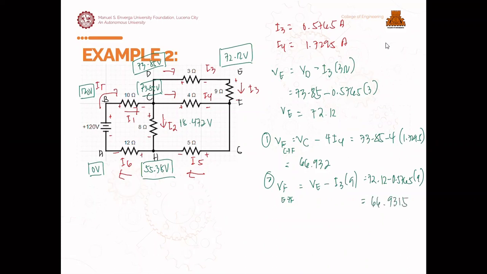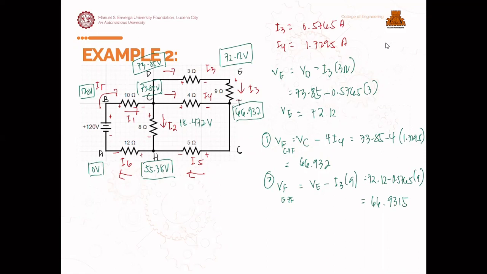Okay? So due to rounding off ng number ng 72.12, no? Meron lang na maliit na discrepancy. Pero almost the same din yan. Okay, so this is 66.932. Okay? Then, papunta dito sa G is the same. No? Kasi wala naman tayong dinaanan.